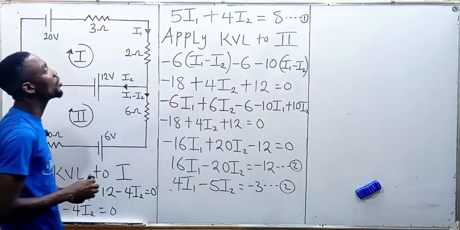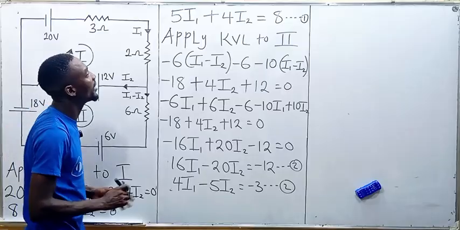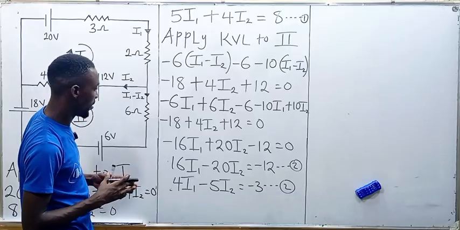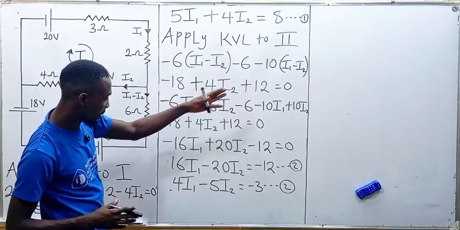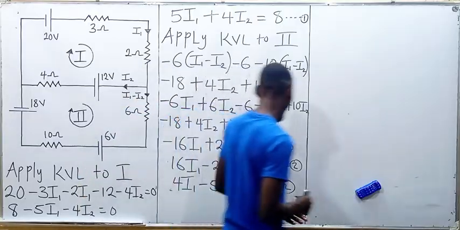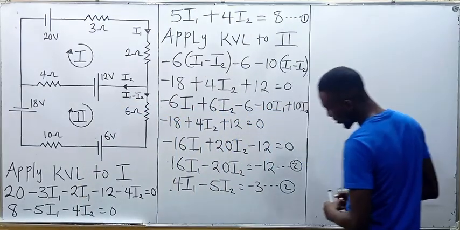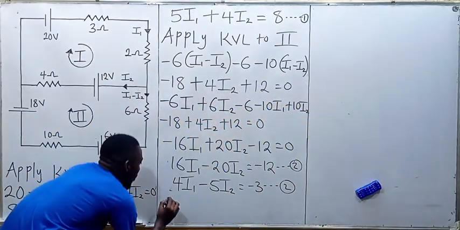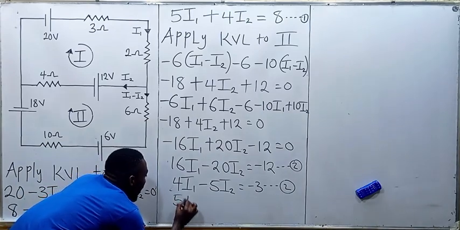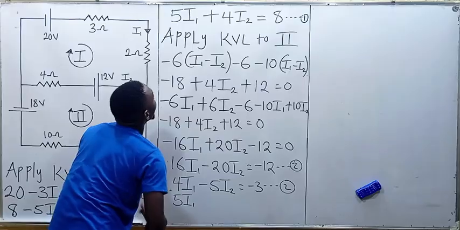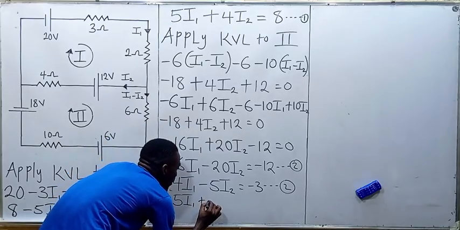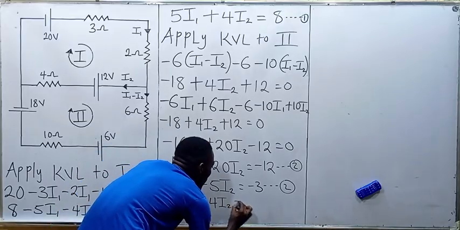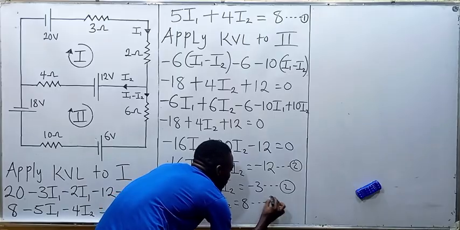All right, so we are going to be solving equation 1 and equation 2 simultaneously. Let me write equation 1 and equation 2 here. Equation 1 is 5I1 plus 4I2, which will be equal to 8, equation number 1.